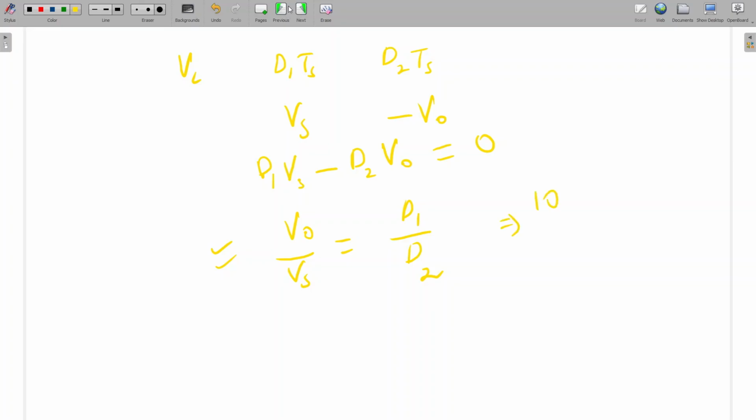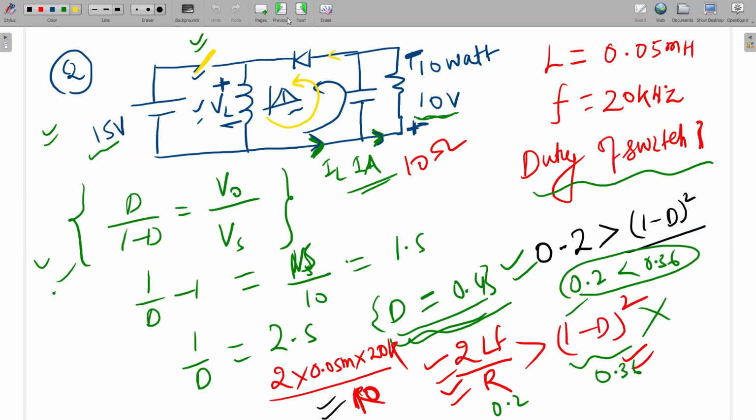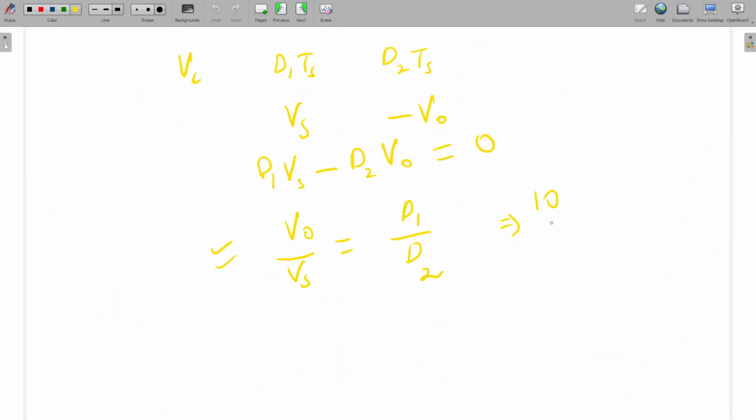Vs is 15. So 10 divided by 15 into D2. This will be the value of D1. So D1 will be 10 by 15 into under root 0.2.